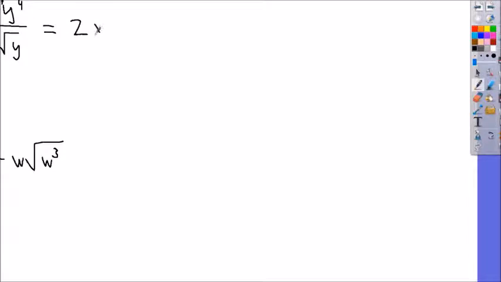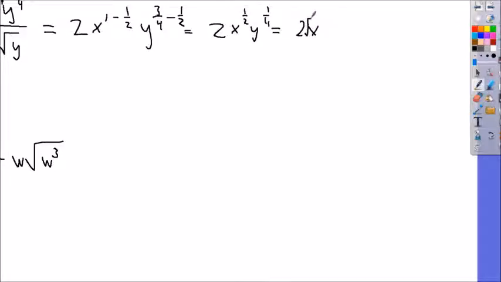So we're gonna have 2x to the 1 minus 1/2, and then y is 3/4, y to the 3/4 minus 1/2. You will have 2x to the 1/2, y to the 1/4, which is 2 square root of x, 4th root of y. Or you can make that simpler, but I'm not going to because that's pretty simple.